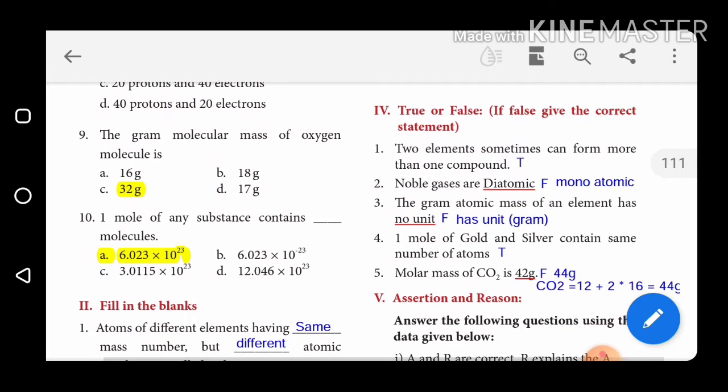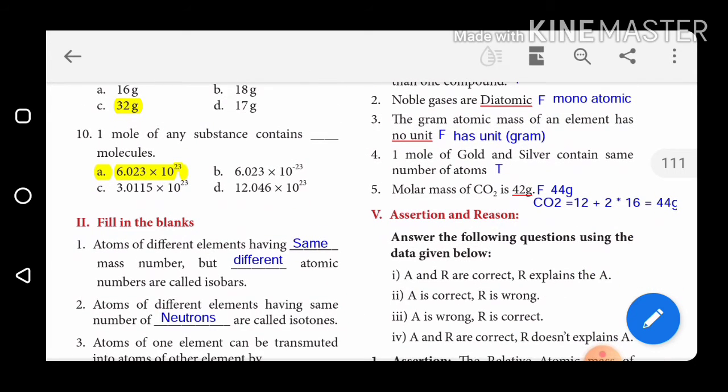Ninth one, the gram molecular mass of oxygen molecule is 32 gram. 10th one, 1 mole of any substance contains dash molecules, that is 6.023 into 10 to the power 23, that is Avogadro number.